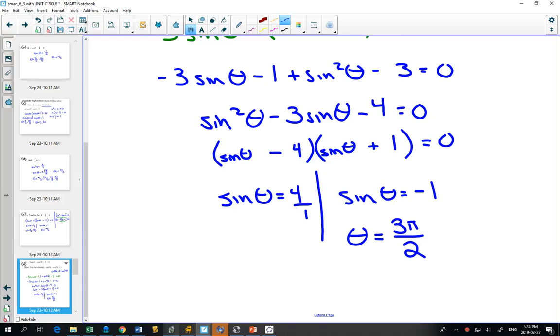But what's the definition of sine? Opposite over hypotenuse. Can you draw a right-angled triangle where the opposite side is 4? Here's my right-angled triangle. This side is 4. Here's my angle, and this side is 1. It doesn't work. The hypotenuse always has to be the longest.